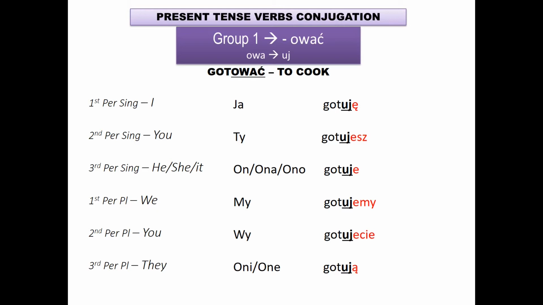Wy gotujecie. Oni, one gotują. That's the rules that the first group of present tense verbs ending in ować will take.